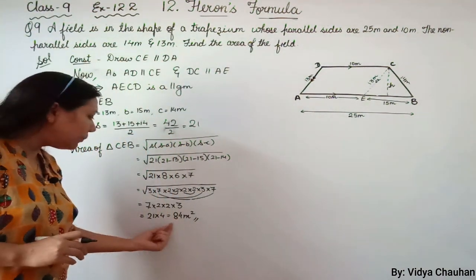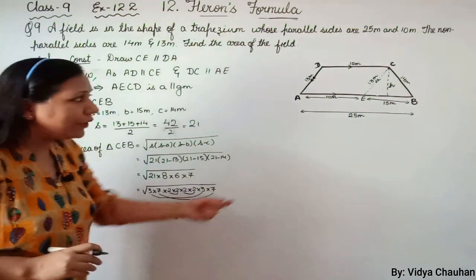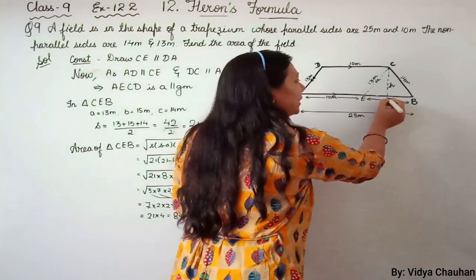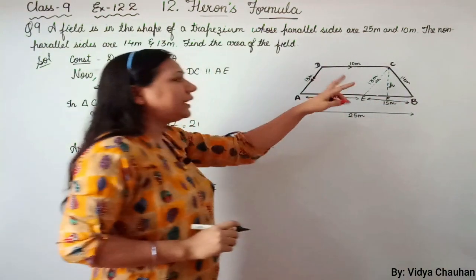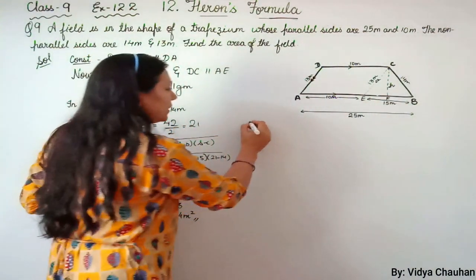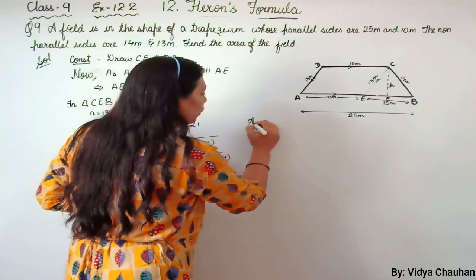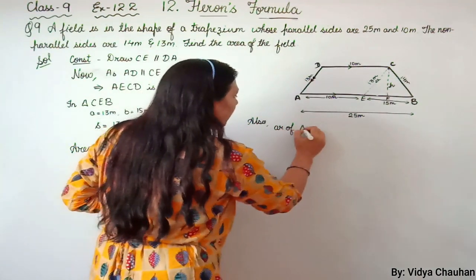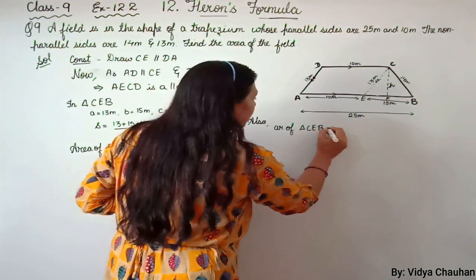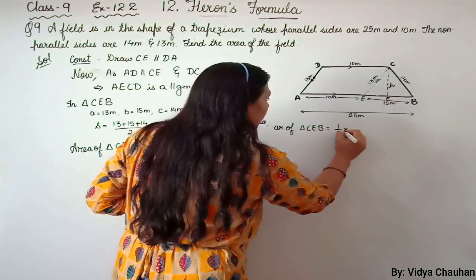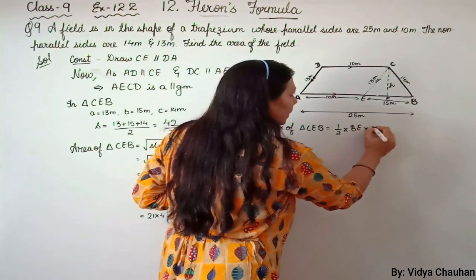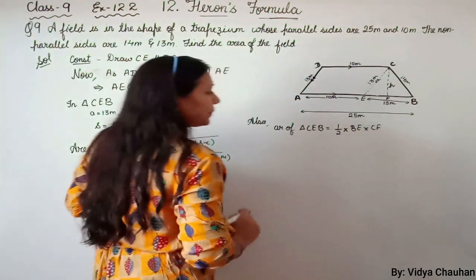Now with the help of this area, can we find the height CF? If I name it as CF, can we find the height here? So the answer is yes. Now the area of triangle CEB is also equal to half into base, that is EB, and height, which is CF.